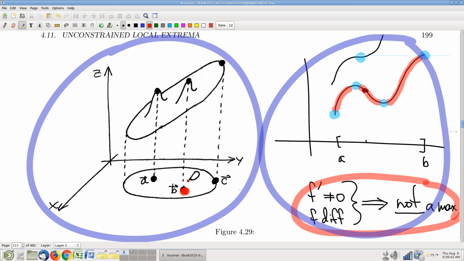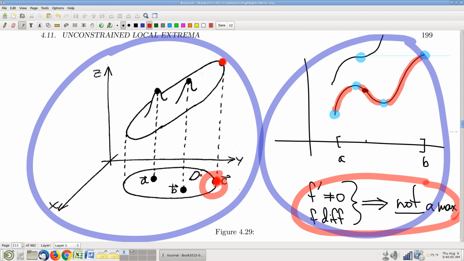Now, they're just relative maxes. They are not absolute maxes. I mean, the actual biggest value of the function is over here at that point. This is the actual absolute maximizer. And it's on the boundary in this case, per this example that I've written down.